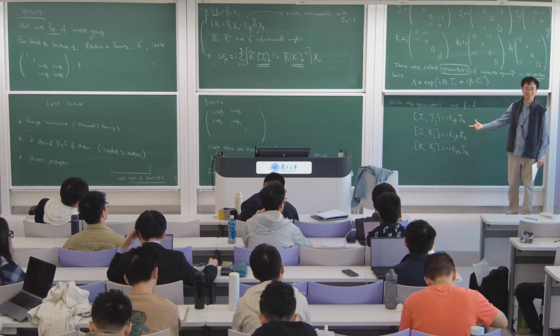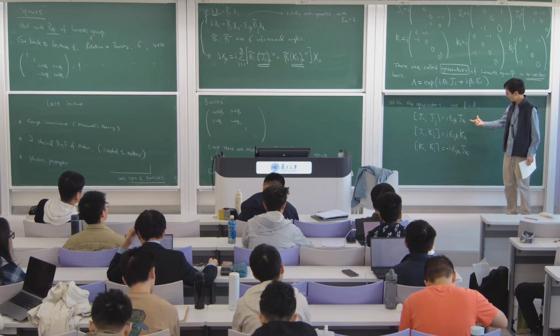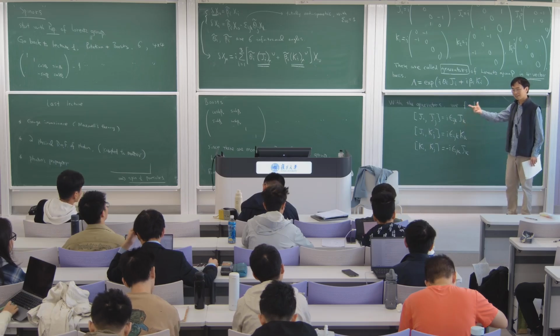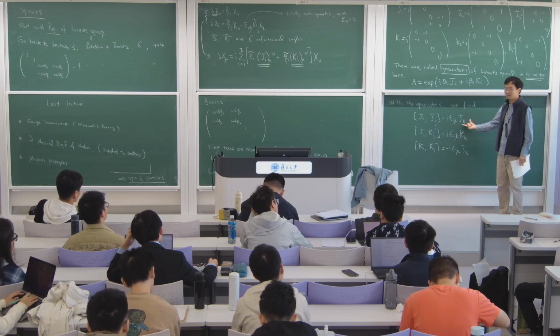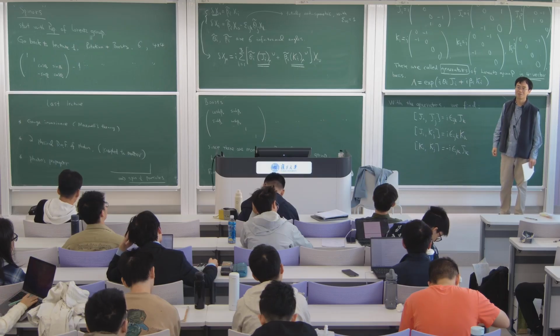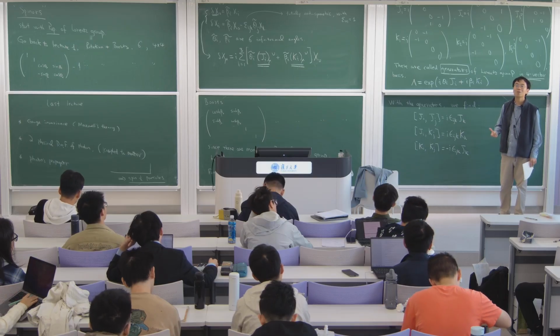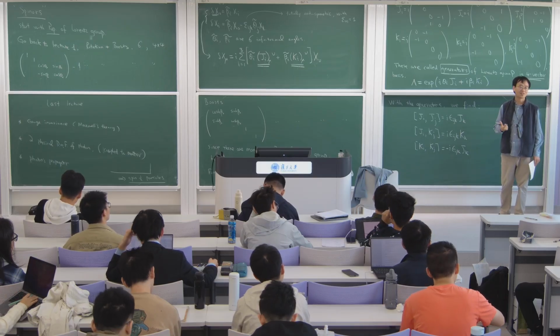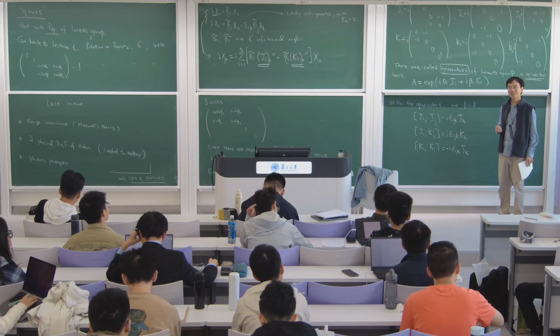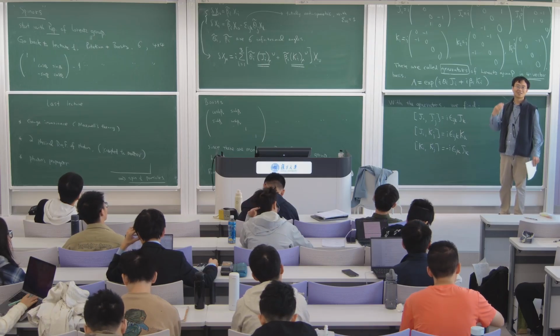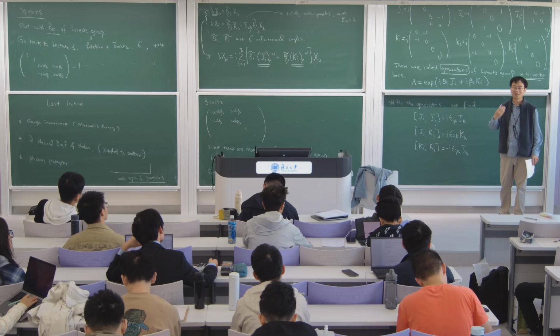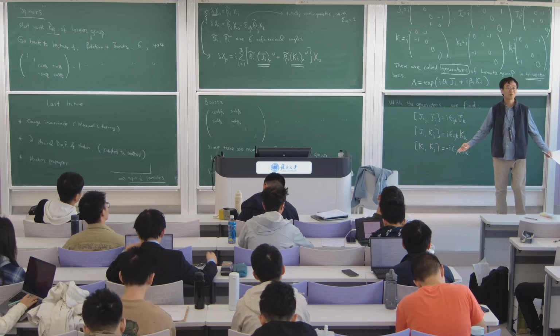So it's not surprising. Here, I use the language of generators. I get precisely the same commutation relation as the angular momentum, because angular momentum is the conserved charge associated with 3D rotation. You can say the generator is the conserved charge, the same thing, for 3D rotation.